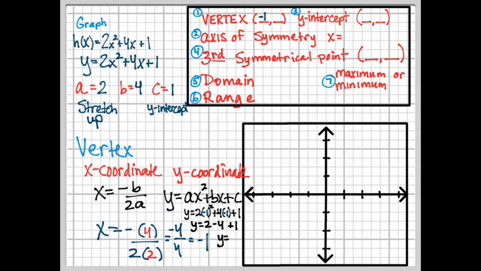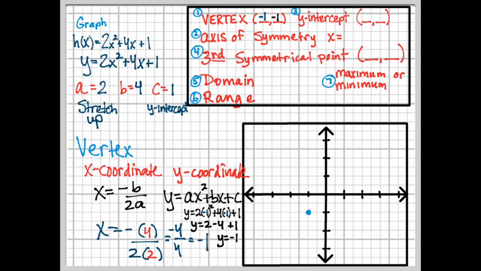When we put those numbers together, that comes out to negative 1. So the y value of our vertex is negative 1. When we go to make our graph, the first point that we're going to put on the graph is at negative 1, negative 1. That would be this point right here, and that is the vertex.